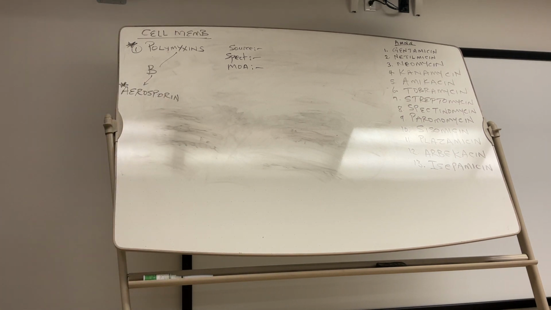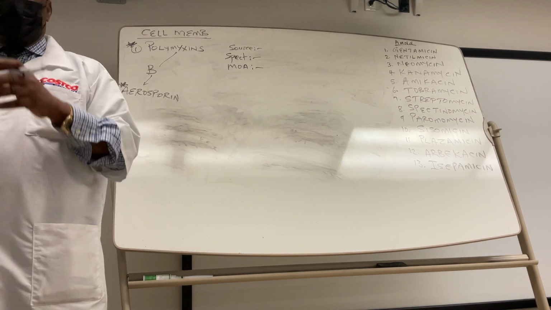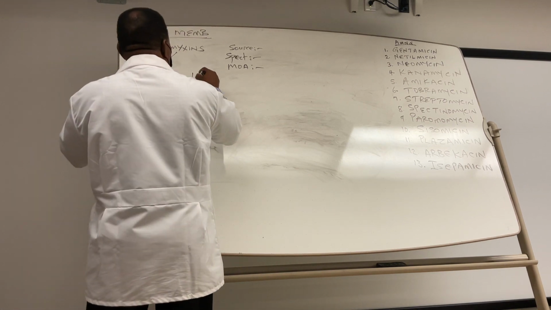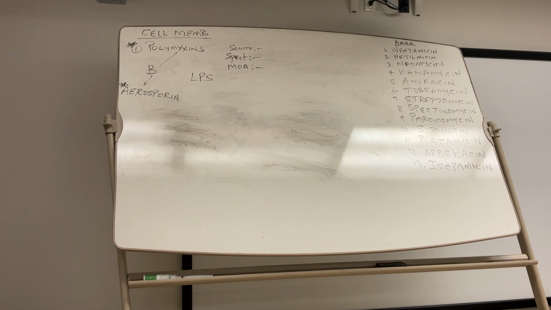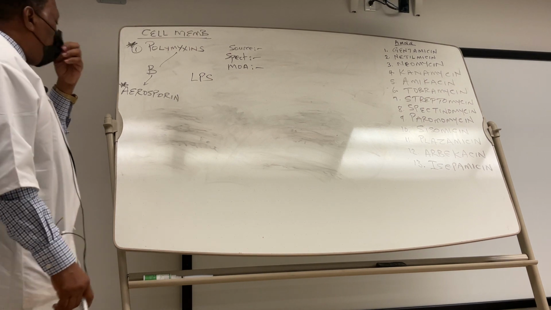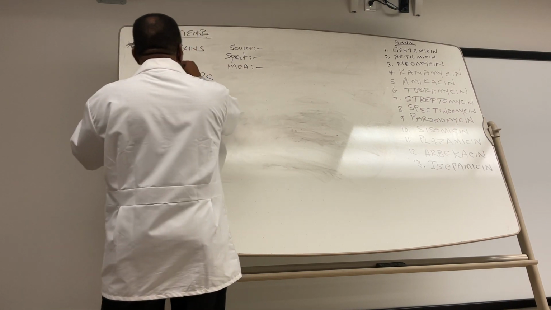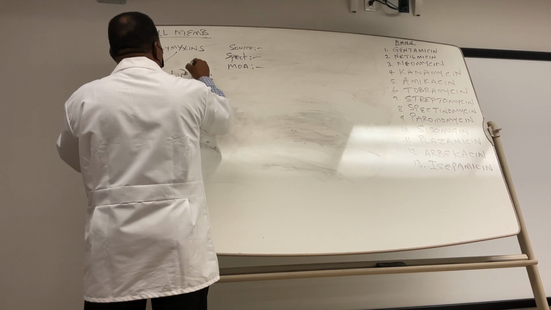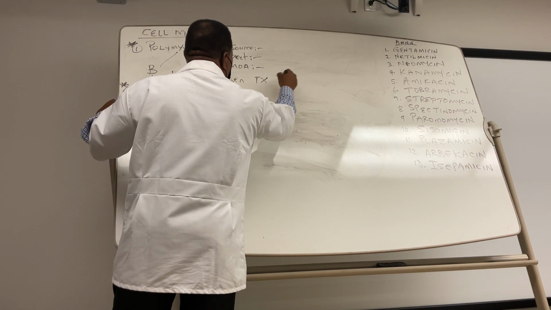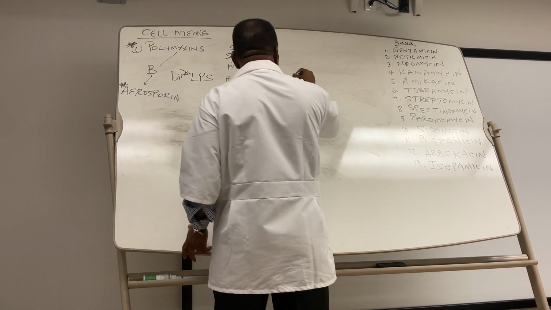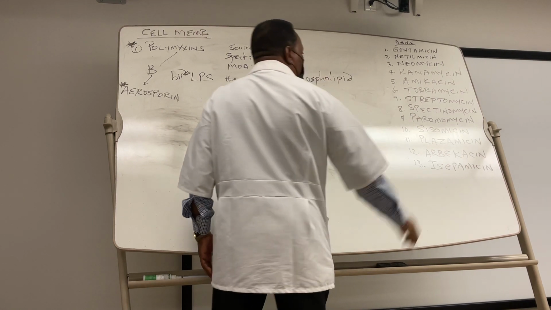The polymyxins, particularly polymyxin B, will bind to the lipopolysaccharide on the bacterium, and then will react with the phospholipids on the cell membrane.